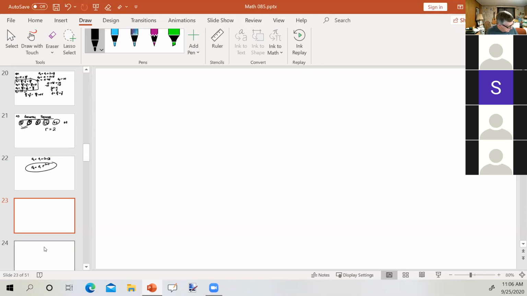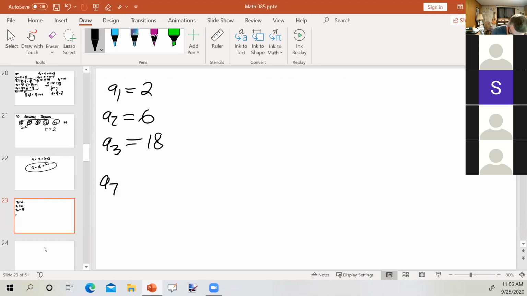It says the first three terms are 2, 6, and 18. So that means a sub 1 is 2, a sub 2 is 6, and a sub 3 is 18. We are to find a sub 7. So they've given us the first three terms of a geometric sequence. We need to find the seventh term.